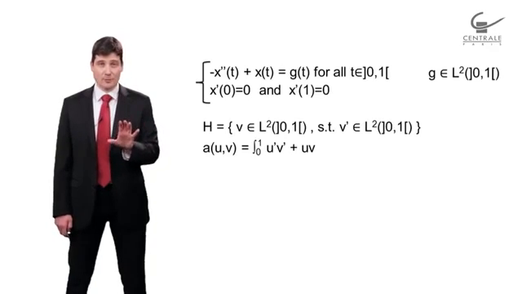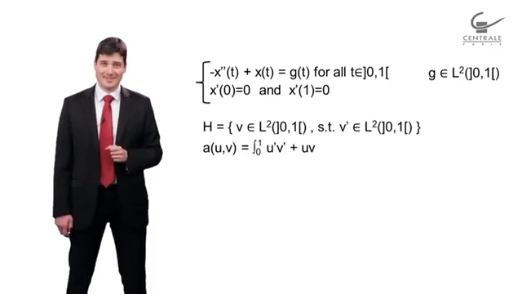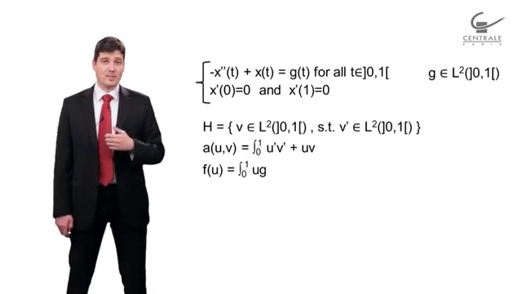That is the bilinear form A(u,v), which seems pretty symmetric to me and also pretty positive. Good sign. Let me then define the function f, which is the integral between 0 and 1 of u times g.